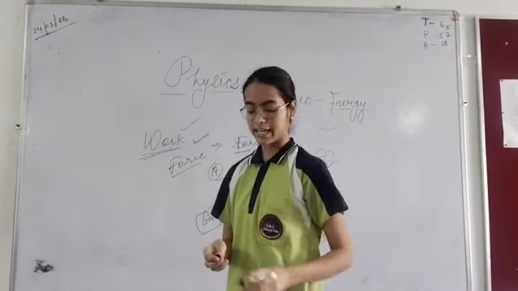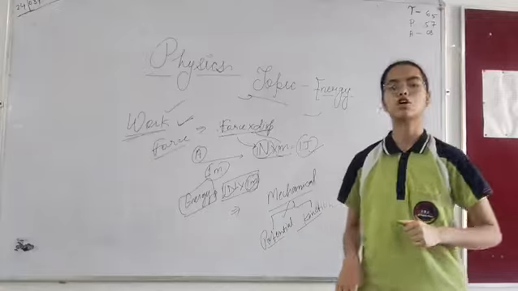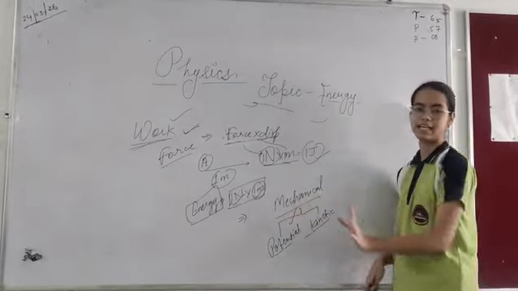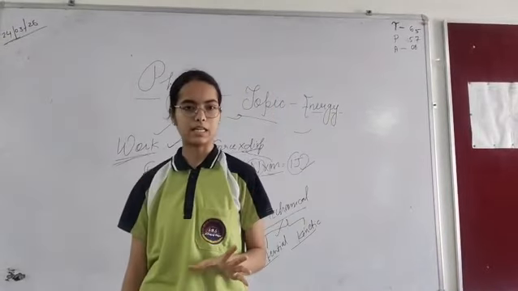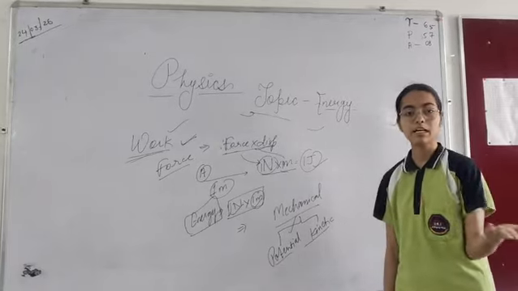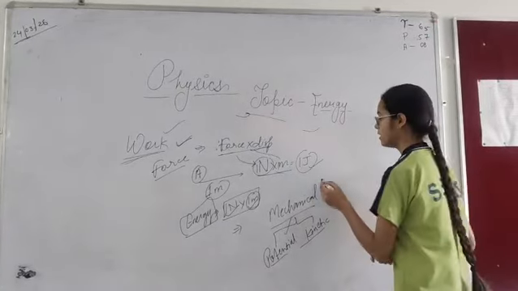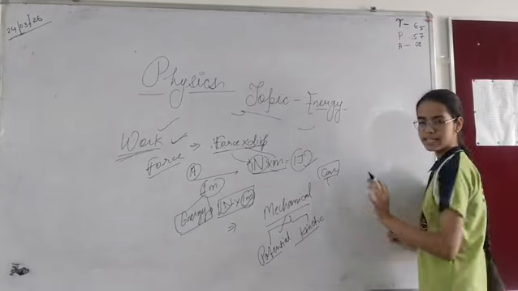Potential energy is any energy which is possessed by any body which is at rest, so we will call it potential mechanical energy. And kinetic energy, any body which is in motion and has some energy is found to have kinetic energy. Let us take an example. For example, I have a car which is at rest currently.